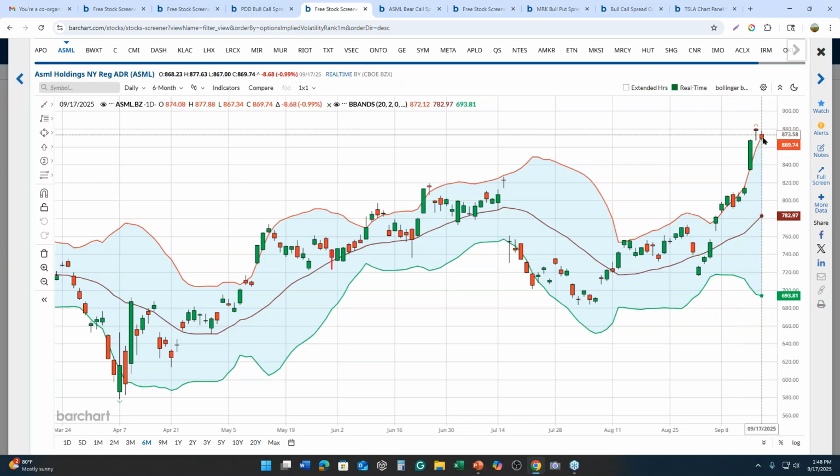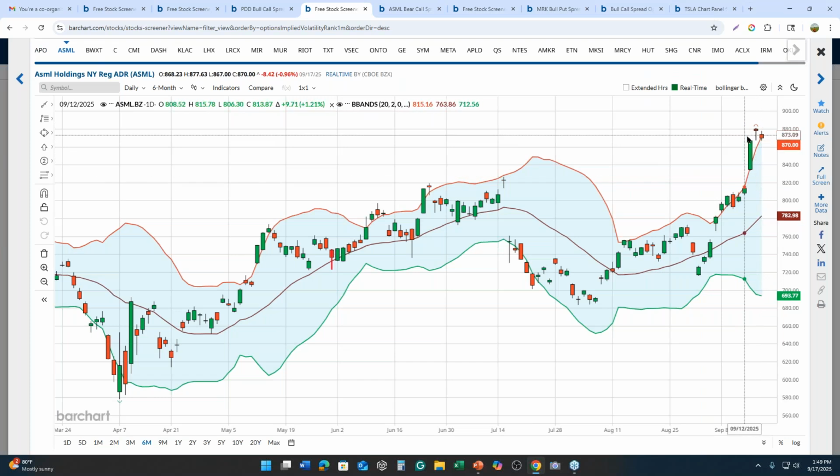The key now for us is, do we get a closing candle or closing bar that falls back inside our Bollinger Band? And right now we're right there. So this could be a good candidate. So how do we do this one in terms of our option selection?